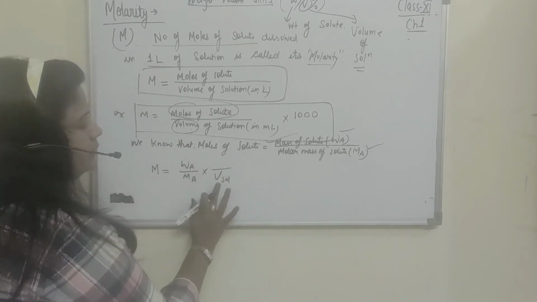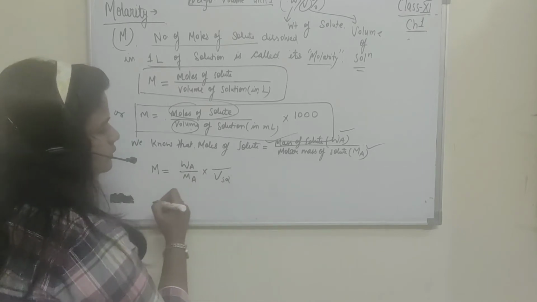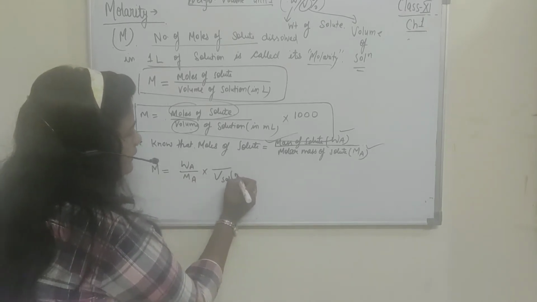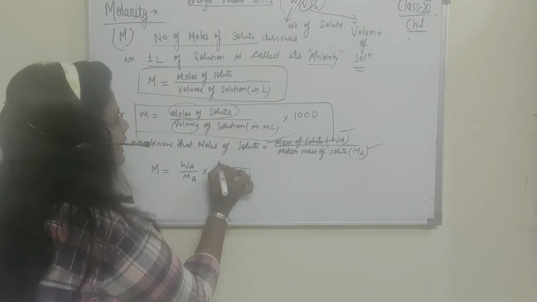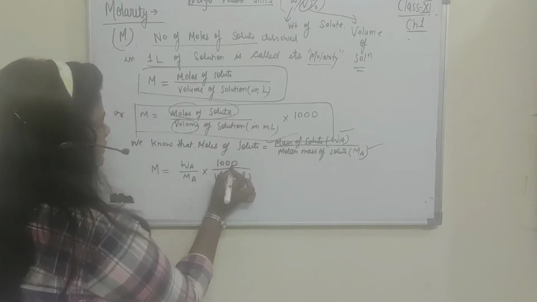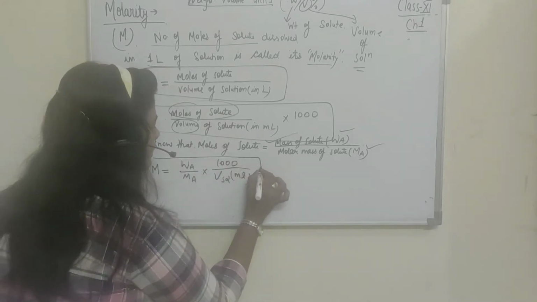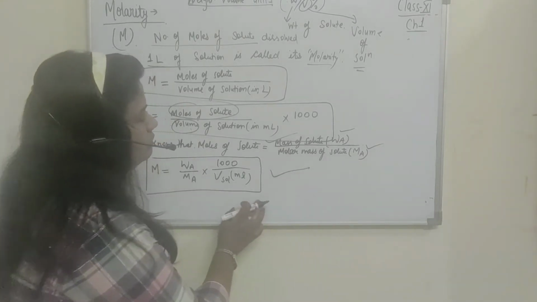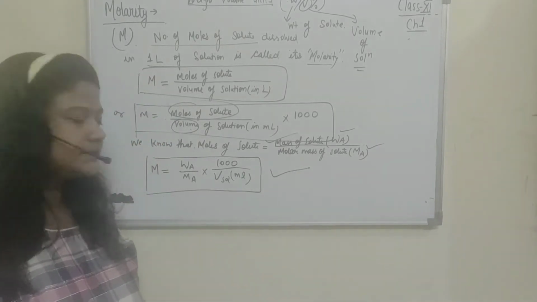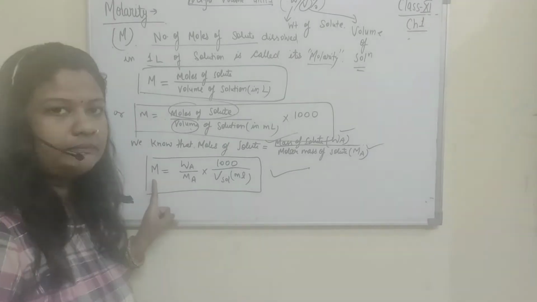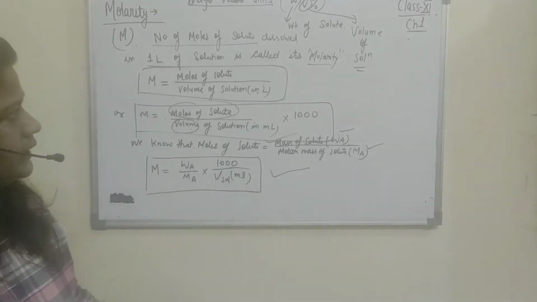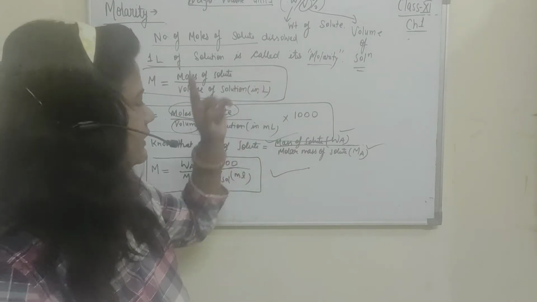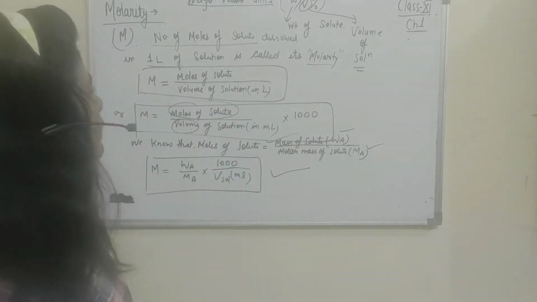SOL means solution in ml, and multiplied by 1000 to change into liter. This is the formula of molarity. It is expressed by capital M. In this way we can write the definition and the formula of molarity.